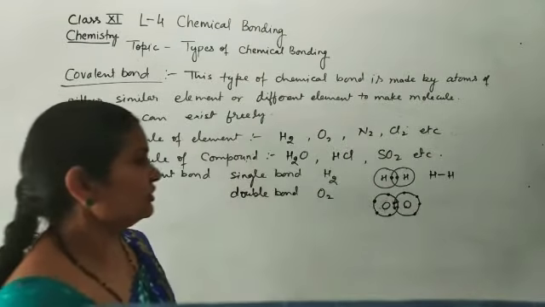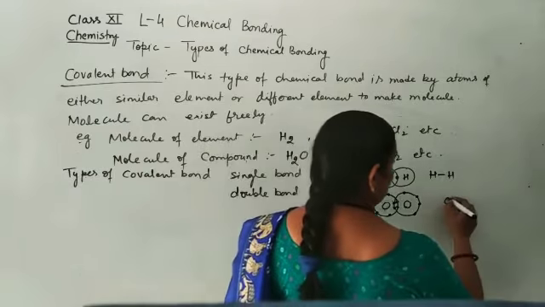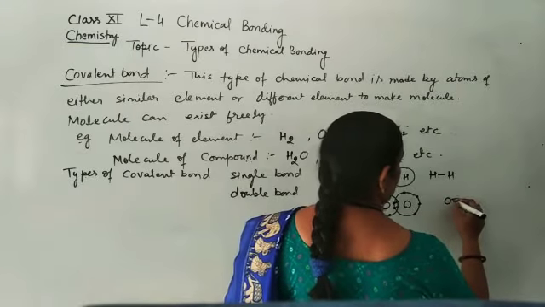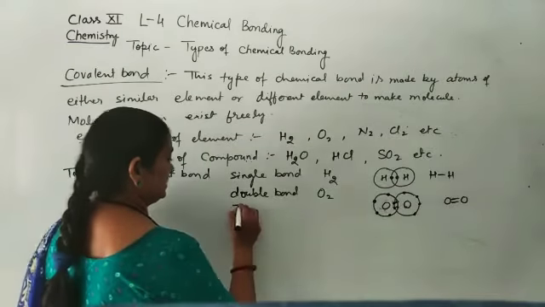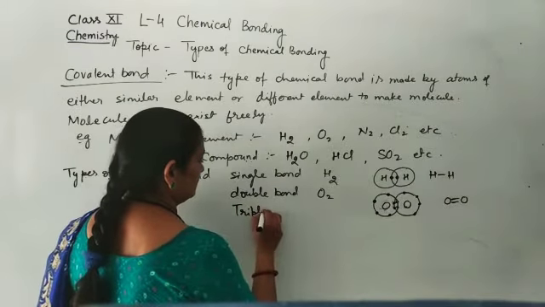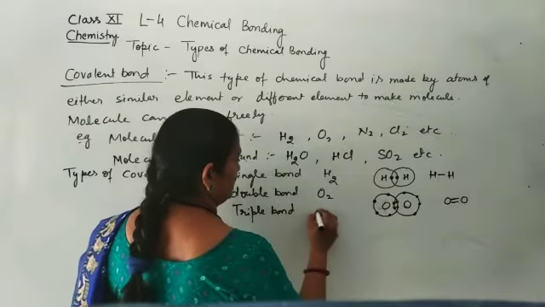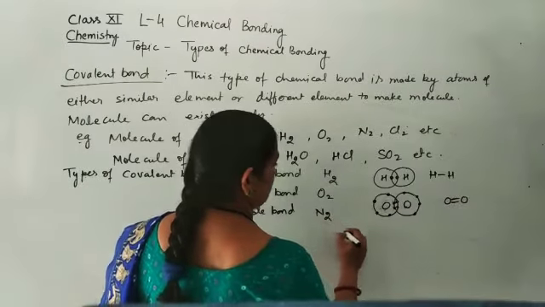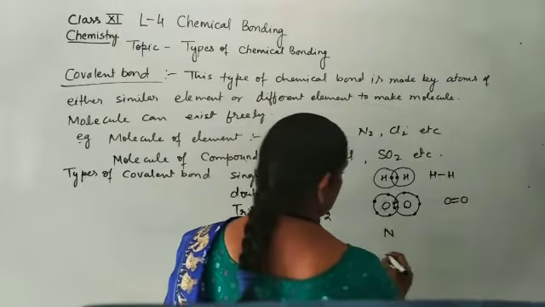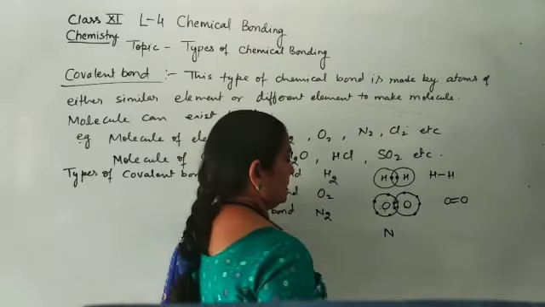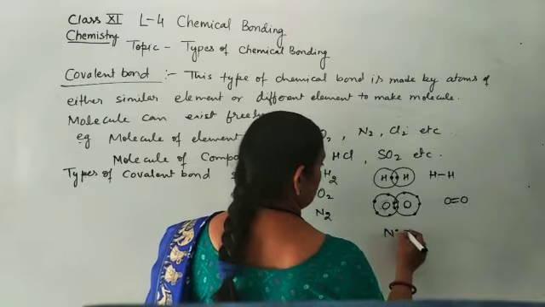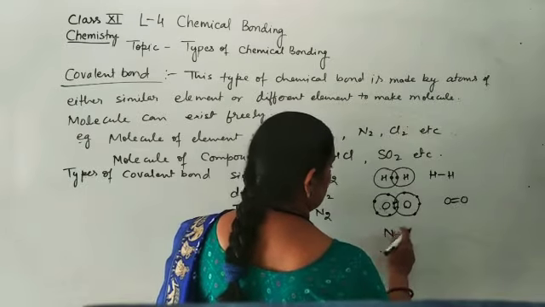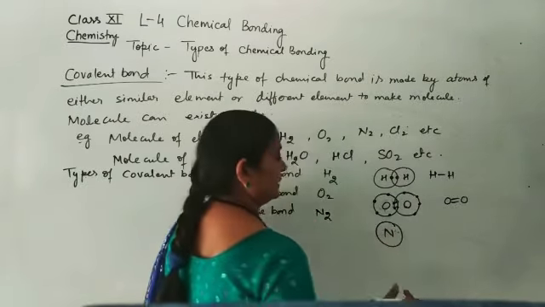When there is a sharing of two pairs of electrons, then a double bond is formed, as for example in oxygen, and a triple bond as formed in nitrogen. Nitrogen atomic number is 7. Electronic configuration is 2,5.